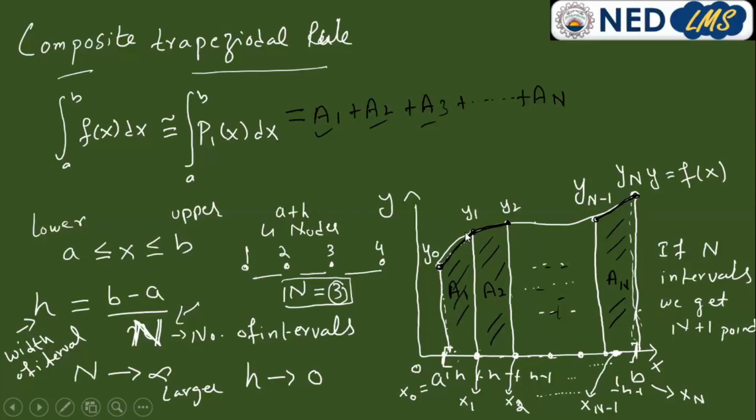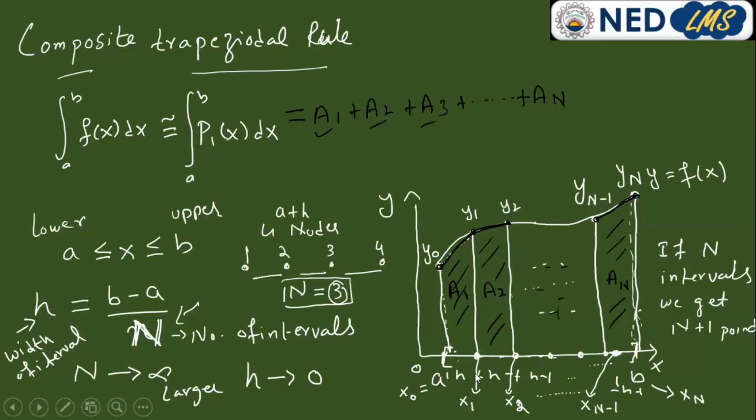I am writing that in the next slide to conclude this topic, because at the end you have to memorize the formula. The integral of f of x dx from a to b is approximately equal to A1 plus A2 and so on. Now I have to compute A1, which is this area.